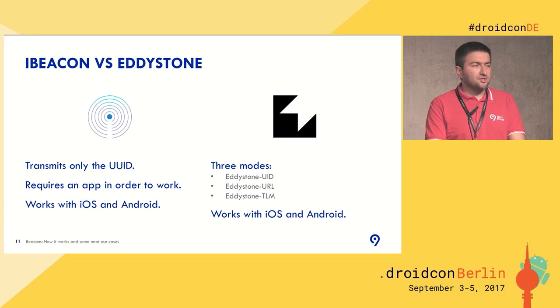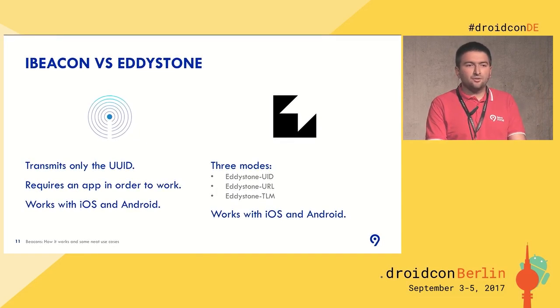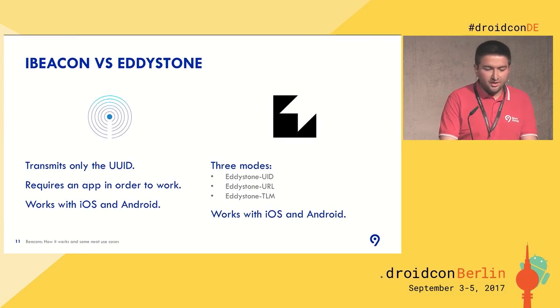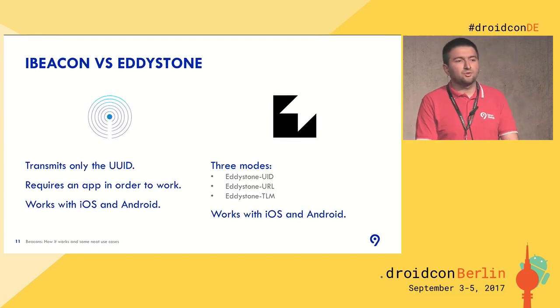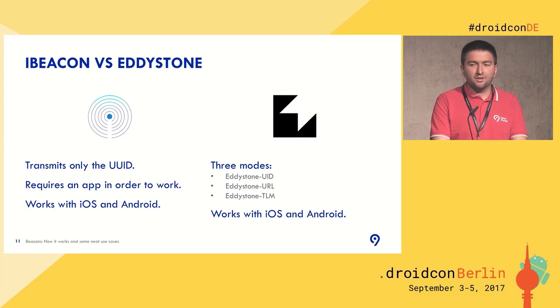This one is interesting because you can broadcast a URL, and you don't really need to have an app for this. So you don't need a user to use your app in order to detect your beacon.